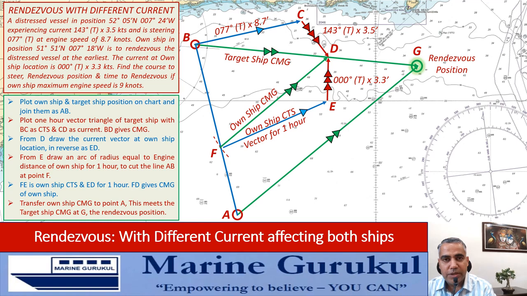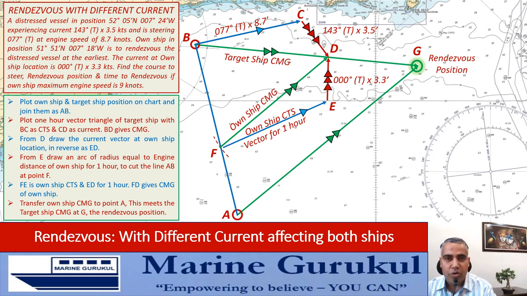That is, if we divide the total distance to be made good by the target ship, in the plot it is Bravo to Golf, by the target ship speed made good, which is given by vector Bravo Delta, we can obtain the rendezvous time. So whether we obtain the rendezvous time using own ship data or the target ship data, in both the cases the time is going to be the same.